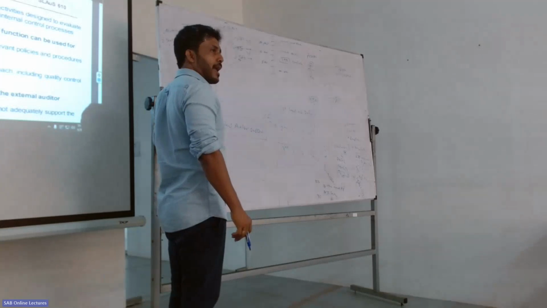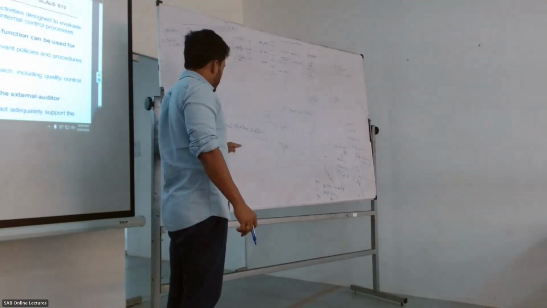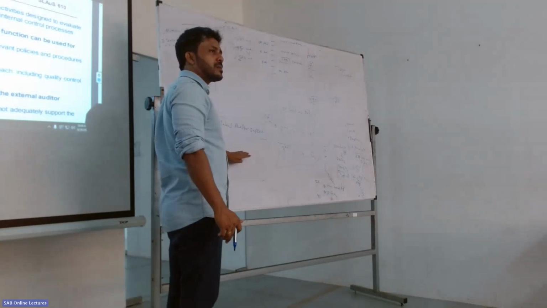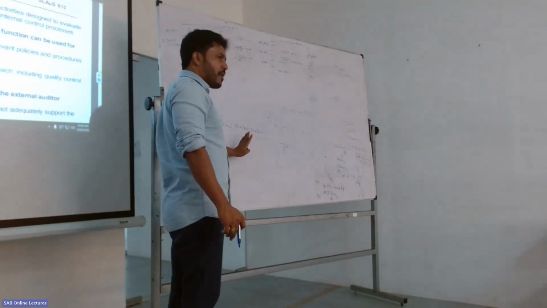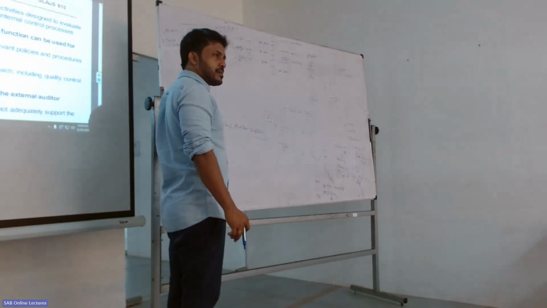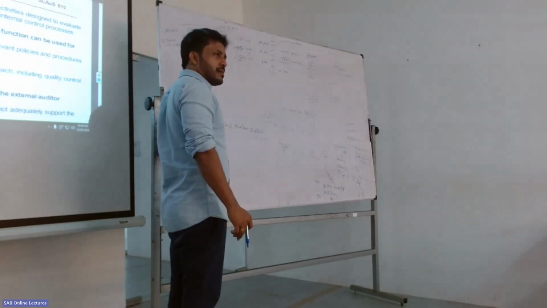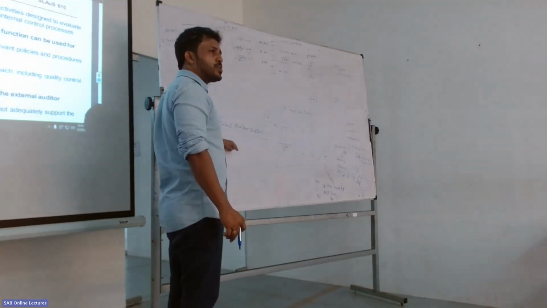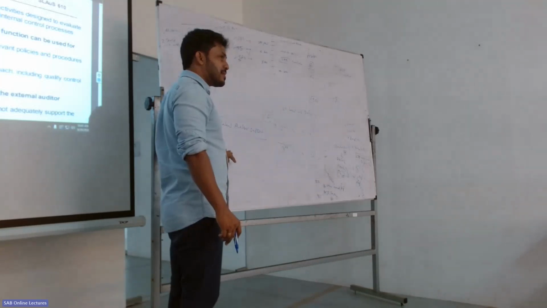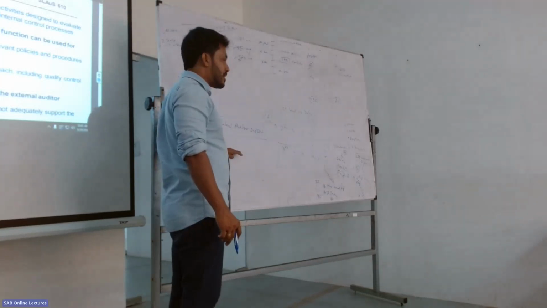For audit planning, execution and conclusion, we can use the internal auditors' results, audit reports, audit planning, their findings, their concerns. Basic thing, right? So you need to check whether they have an internal audit function. Can we use that? To use it, what are the areas that need to be considered? What are the things you need to consider?